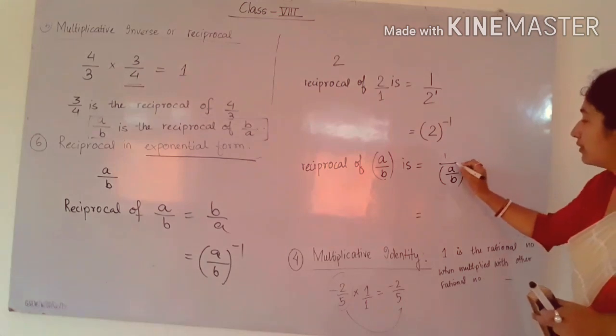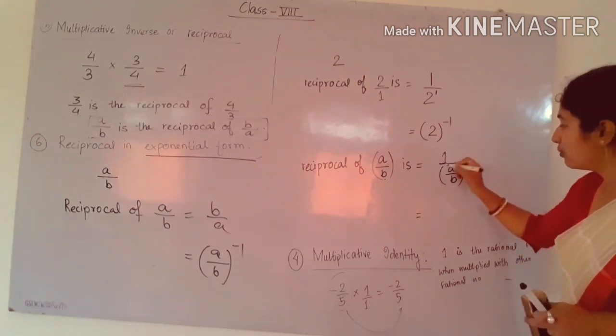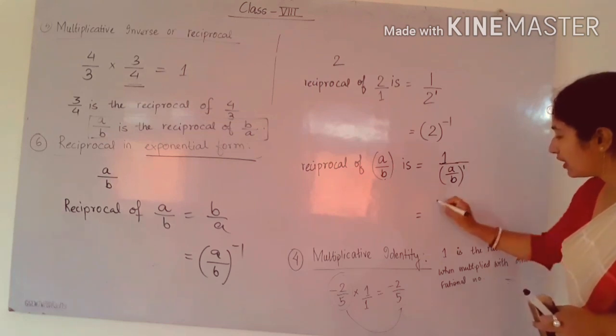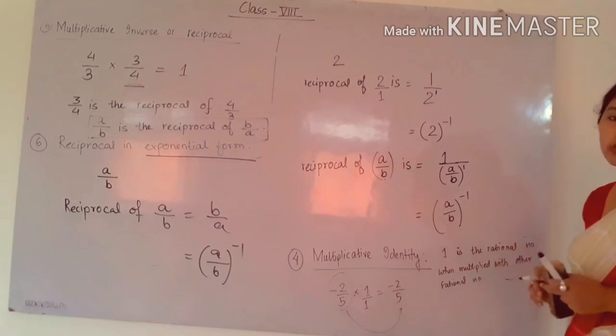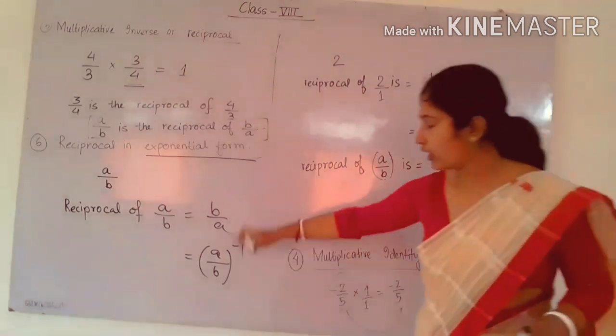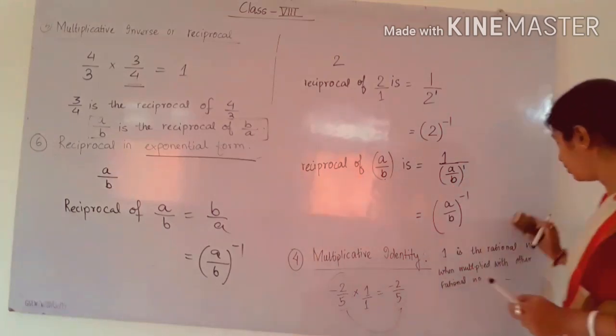When it goes to the numerator, what will it become? A by B to the power minus 1. So like that the answer has come: A by B to the power minus 1.